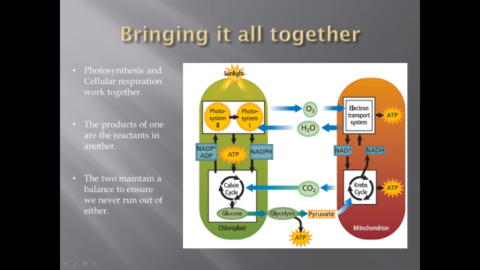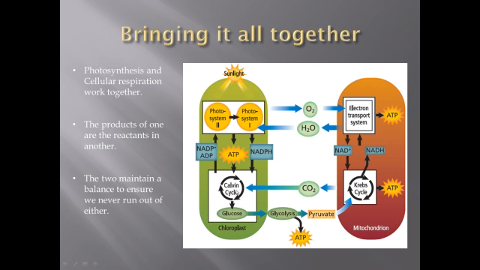Now down here, it gets even more crazy. This system right here needs carbon dioxide. Luckily, the mitochondria creates carbon dioxide, which gets turned into sugar, which then gets turned back into carbon dioxide. So quite literally, plants take carbon dioxide from the air and turn it into sugar. And when you breathe out carbon dioxide, plants can use that carbon dioxide to recreate sugar.